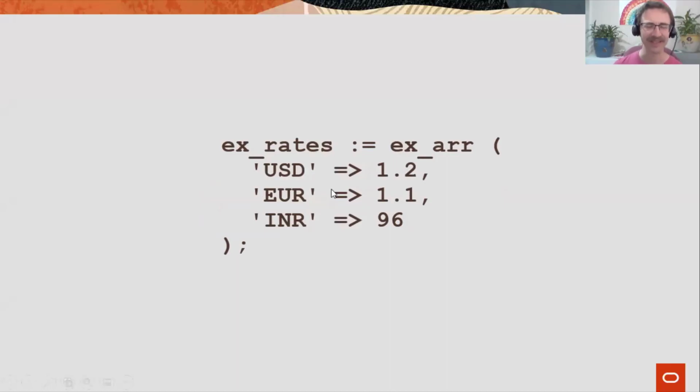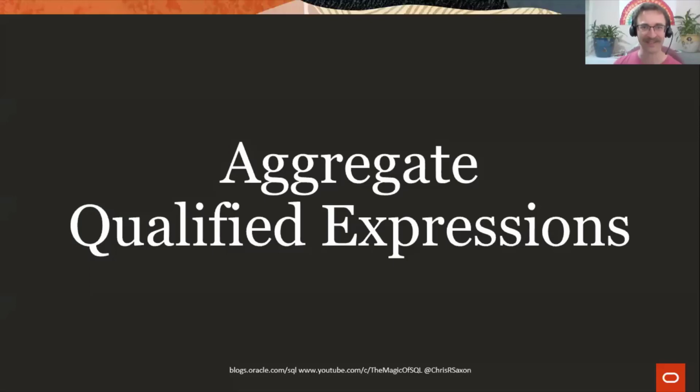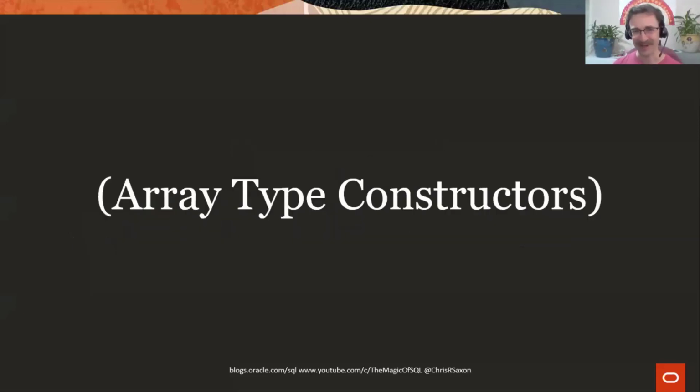Again, this is a bit fiddly. We're probably pulling these values out of a table somewhere, so it's not always practical to do something like this. So the next big thing I'm going to talk about is aggregate qualified expressions, or perhaps better understood as array type constructors. We can initialize the values for an array using the iterators we've just talked about.